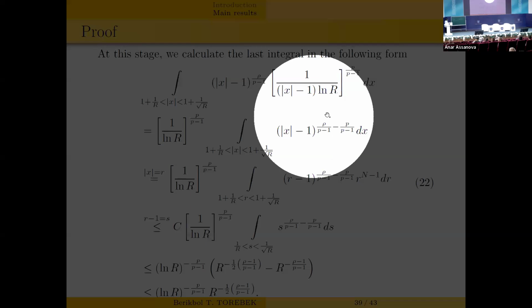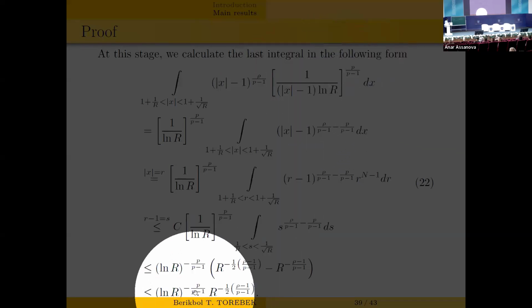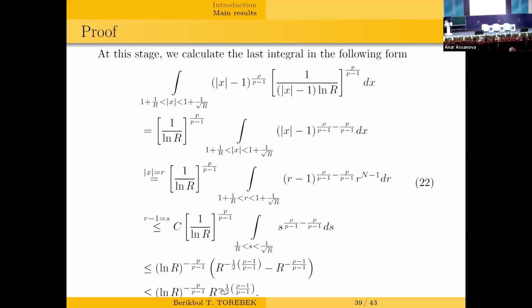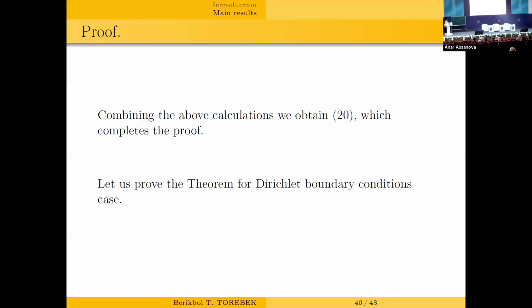Finally, this one can be estimated by this term here, logarithm of R to the power minus p divided by p minus 1, and also the negative power of R. Combining the above calculations, we can complete our proof. Now let us give the proof of our theorem in the case of the Dirichlet boundary condition.